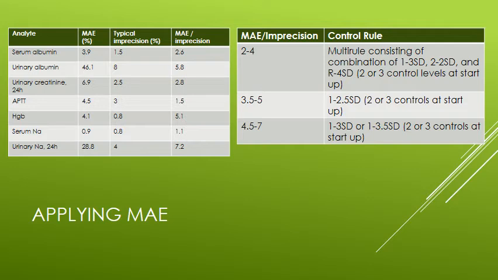And then if you use the 1 3SD and 2 2SD rules as well as the R 4SD rule, you should be fine dealing with that test. As the MAE imprecision ratio increases, you can start to see the change in the Westgard rules that will apply to it.